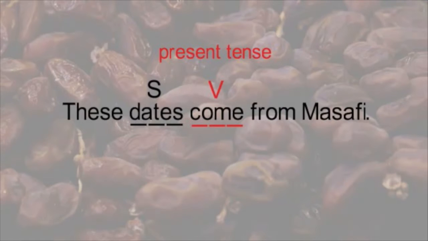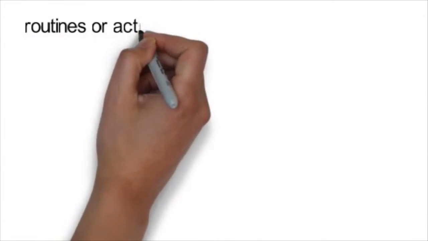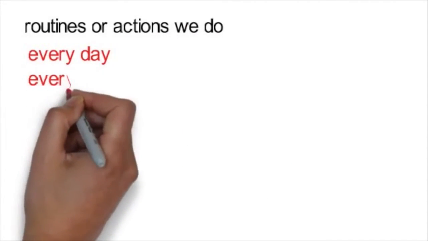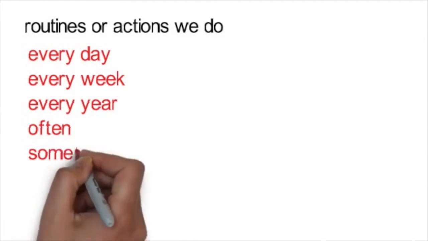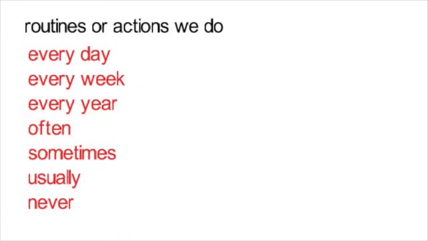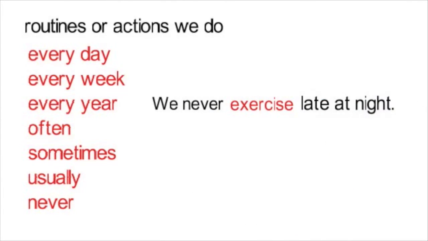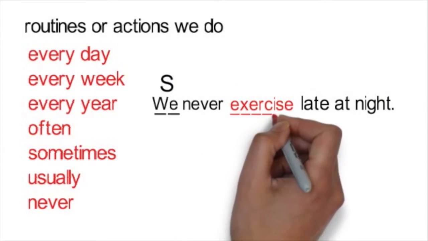Lastly, we use the present simple when we talk about routines or things that we do or don't do. Every day, every week, every year, often, sometimes, usually, or never. For example, we never exercise late at night. In this sentence, the subject is we, and the verb is exercise.